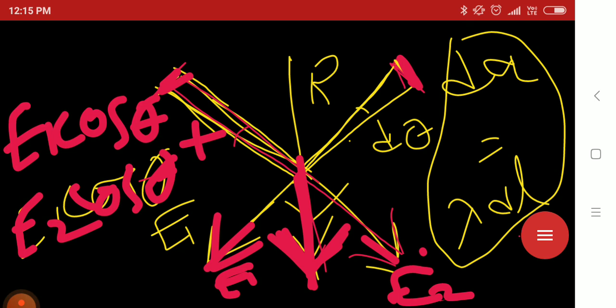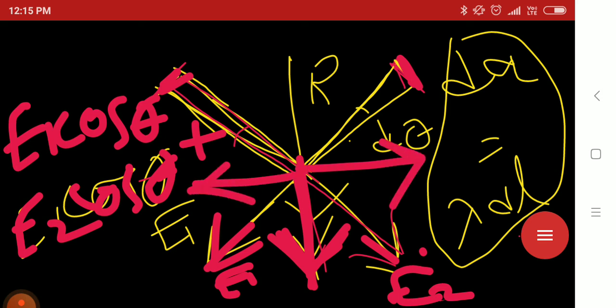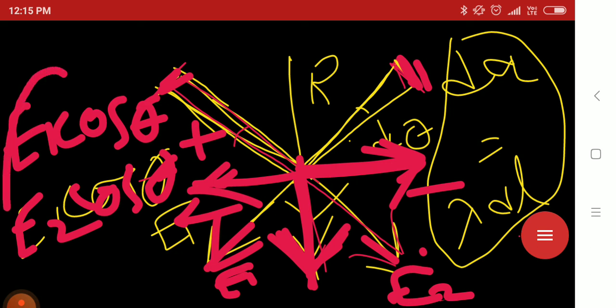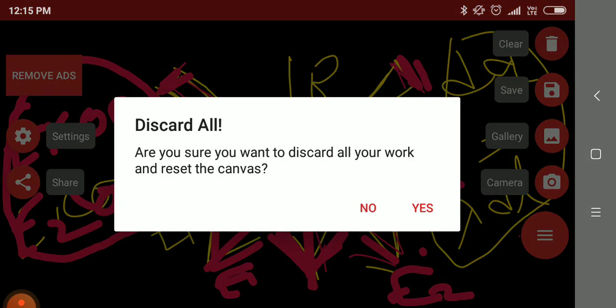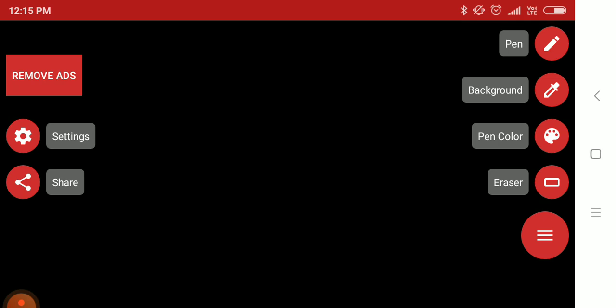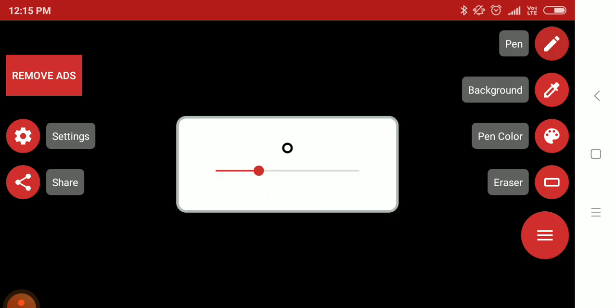Along the perpendicular line, due to E1 there is an E1 sin theta component, and due to E2 there is an E2 sin theta component, so their sin theta components are cancelling each other. So the only electric field will be E1 cos theta plus E2 cos theta. I will draw it again to make it more clear to you.